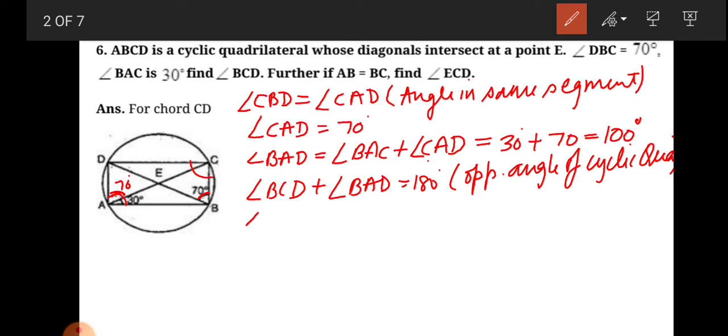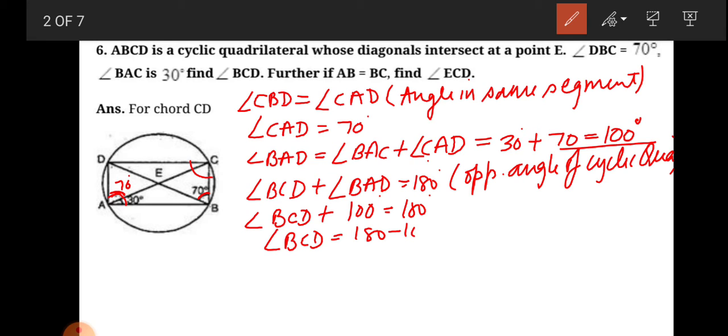Now write angle BCD as it is plus the value of angle BAD, 100 degrees, is equal to 180 degrees. So the value of angle BCD is 180 minus 100, which is 80 degrees.